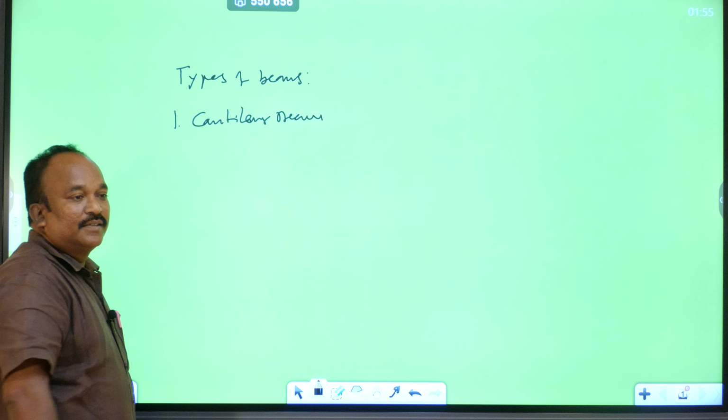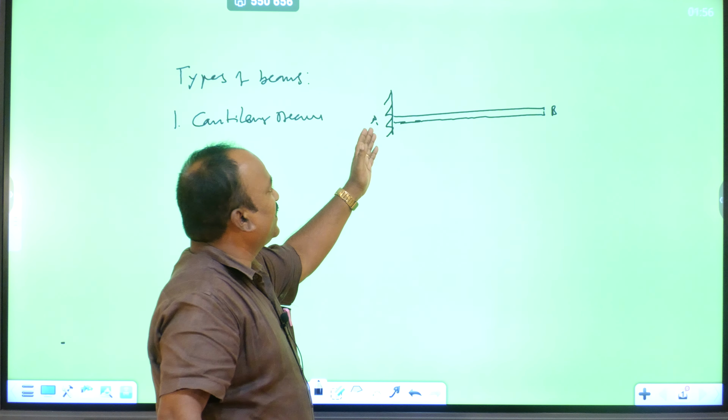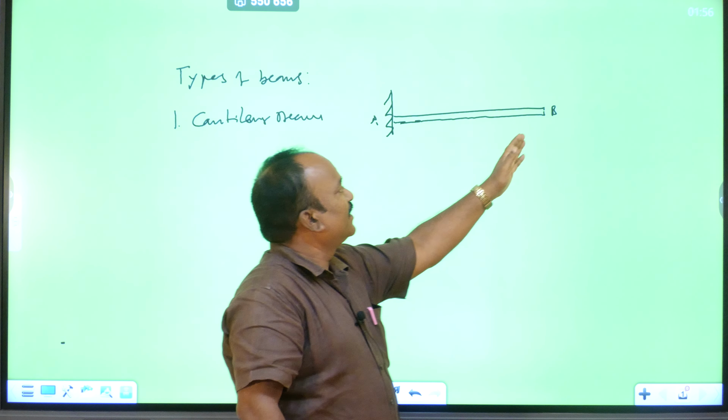One end is fixed. This is the beam. Suppose one end is A, second end is B. So at A the end is fixed, another side is free. So that is the cantilever beam.